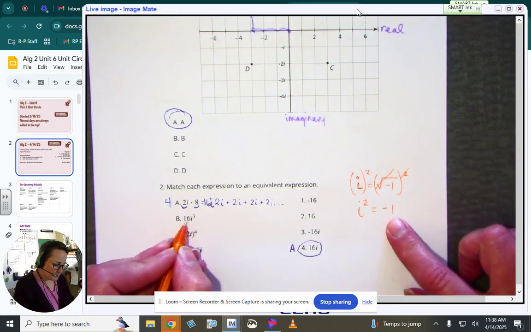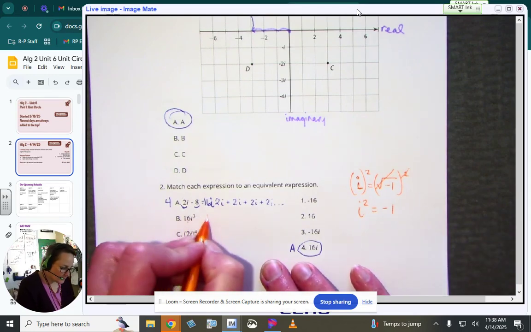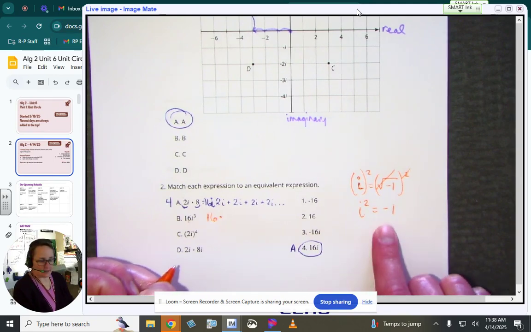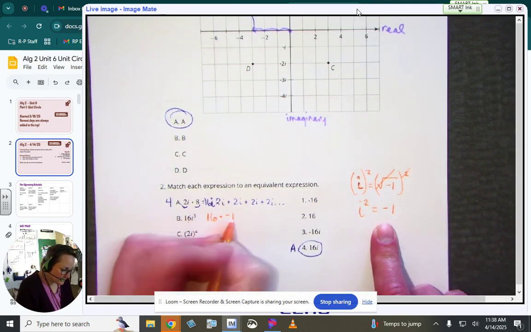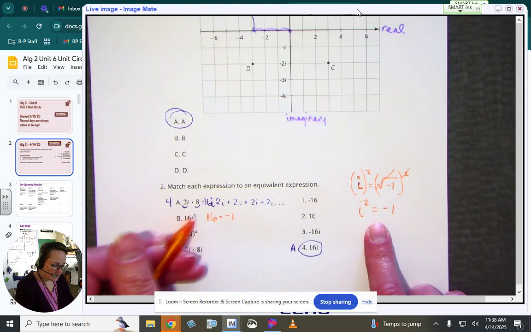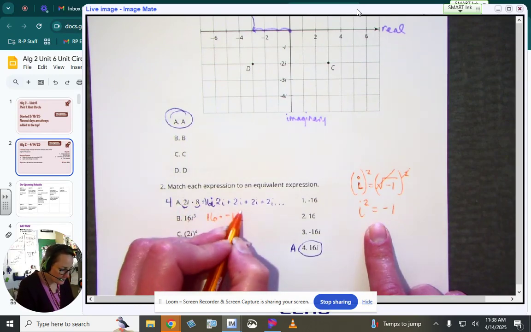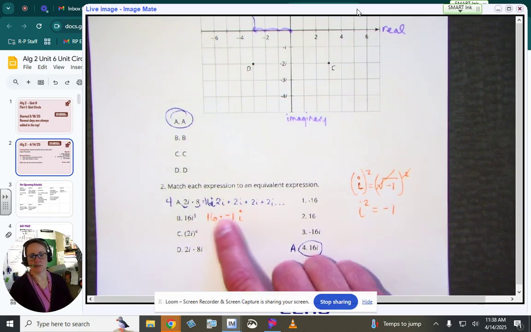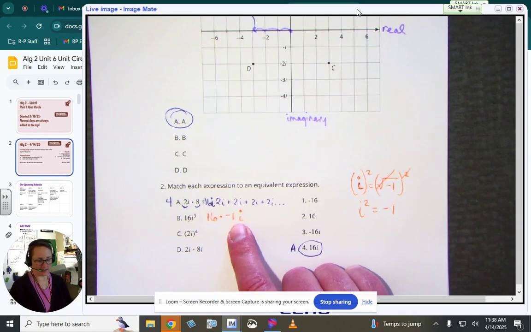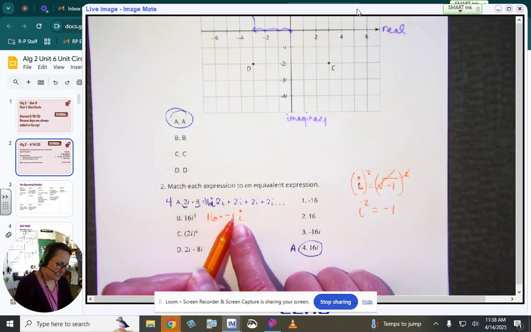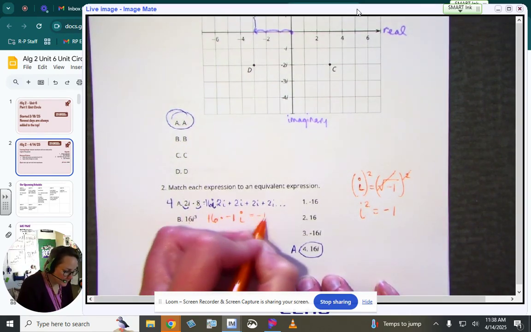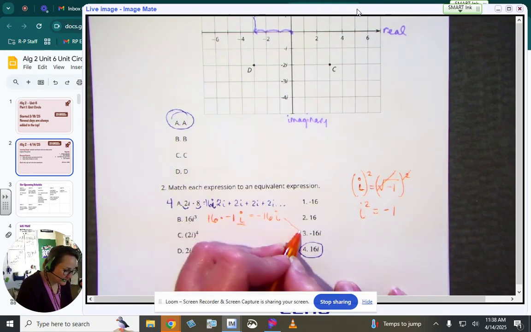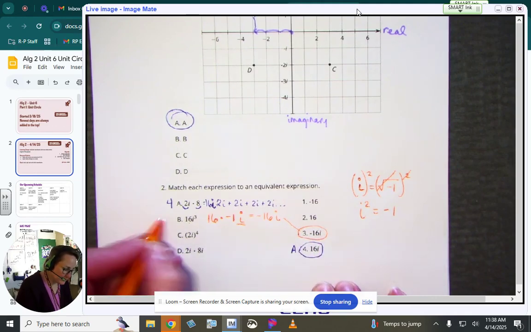So if I think about it this way, I'm going to have 16 times a -1. Now that's 2 of the i's, but I still have another i because I have i to the third. So I've got 16 times -1 times i. Well, 16 times -1 is -16, and there's still this one i with it, so this is actually going to match up with our -16i.